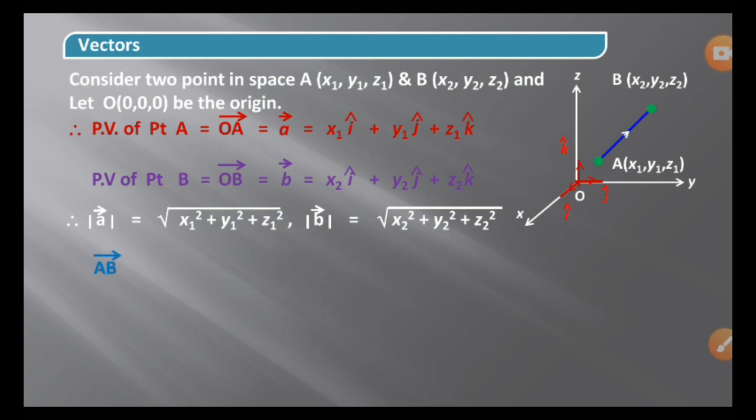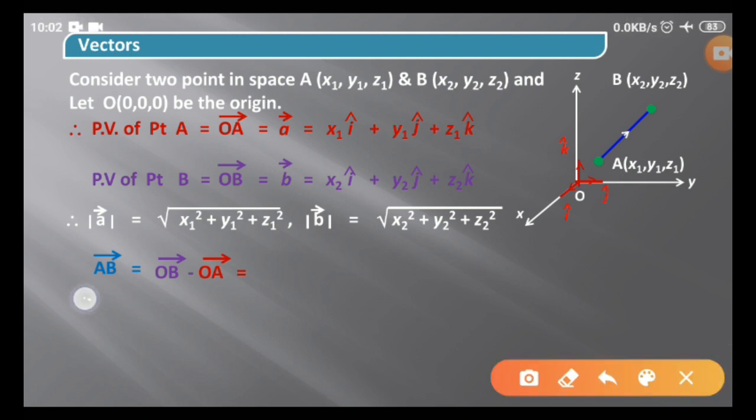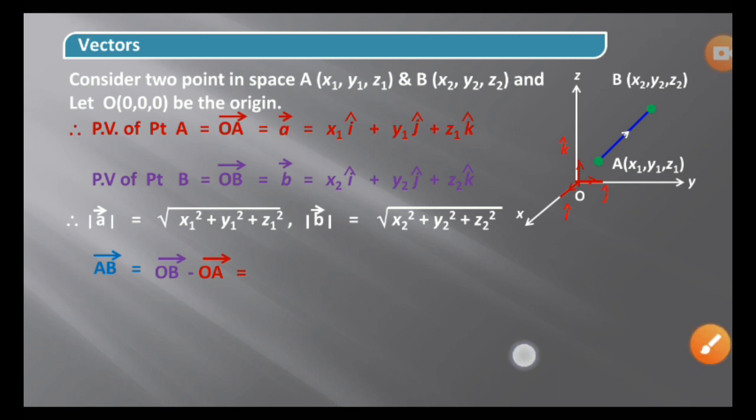Now the vector AB will be written as OB minus OA vector. Here we can write the vector AB by using the position vector of the terminal point minus the position vector of the initial point. So this can also be written as b minus a.